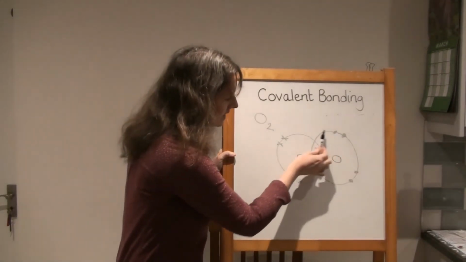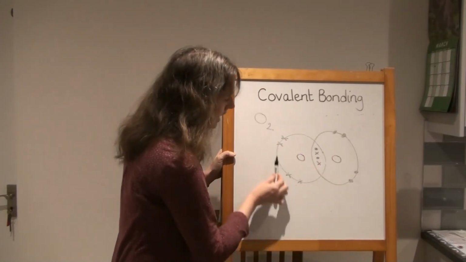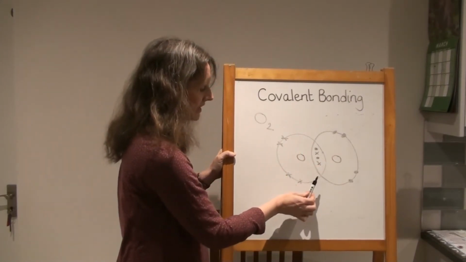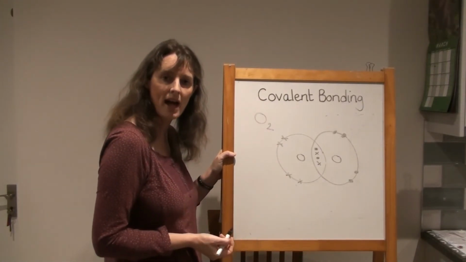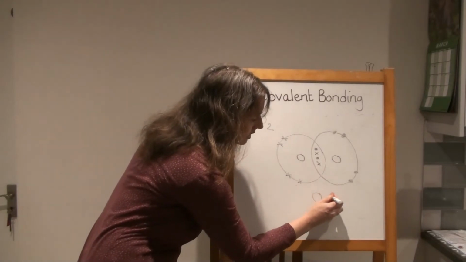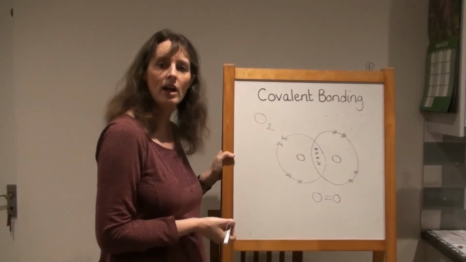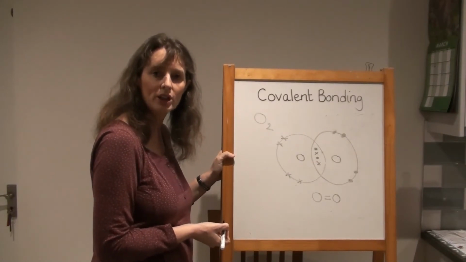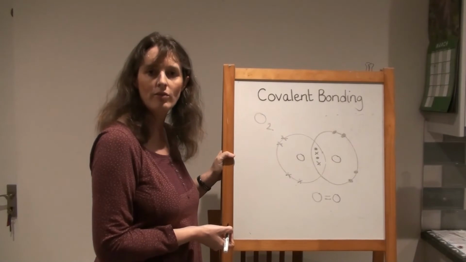When you count in the crosses from the one on the left, that gives a total of 8, or here also a total of 8. So in the middle there we have 2 shared pairs of electrons. So if we were drawing that out with our lines, you put 2 parallel lines between the oxygens, and that is what we refer to as a double covalent bond.